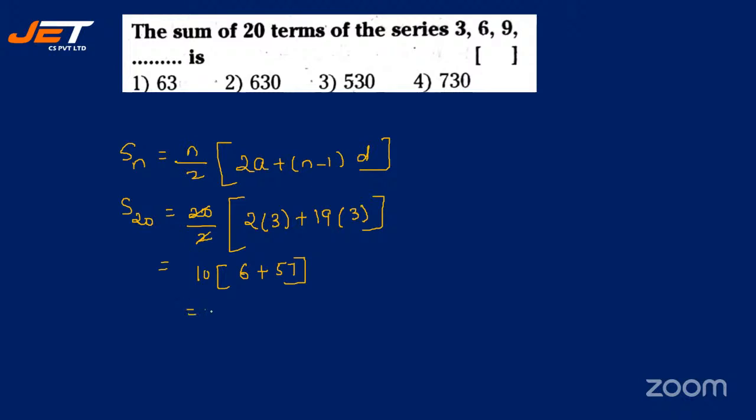So it is 10 into 63, which is 630. So your answer must be option 2. This is how you will work it out and then find out your answer.